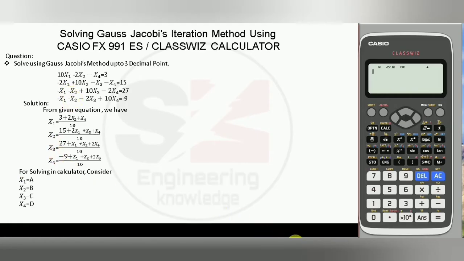Then after that, we have to consider this for solving in the calculator. We consider the variable x1 equal to A, x2 equal to B, x3 and x4 equal to C and D. Then for solving in the calculator, we have to write this expression in a single step just by pressing the equal to button.